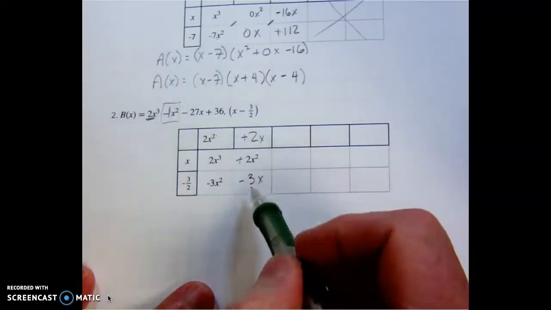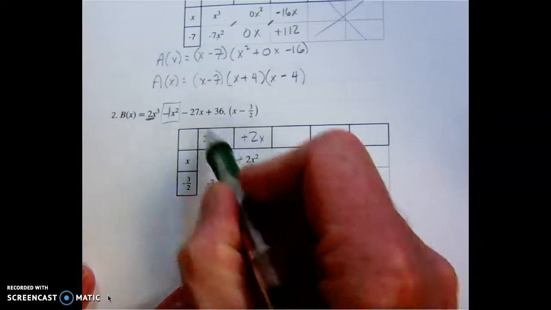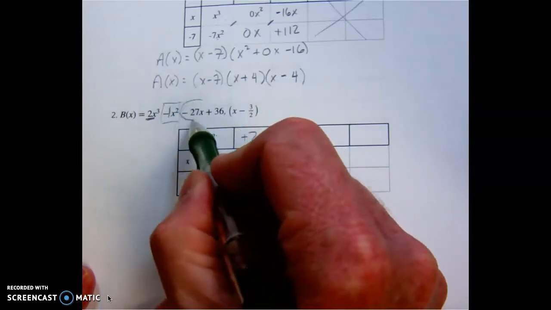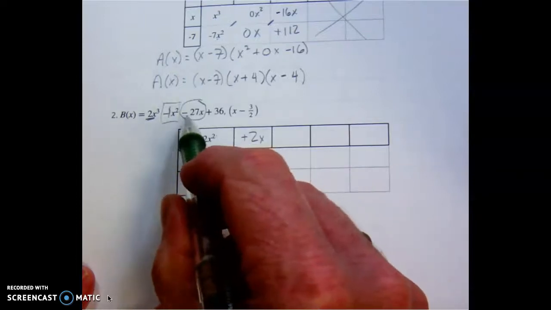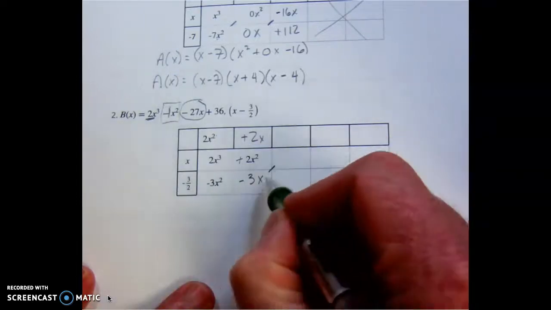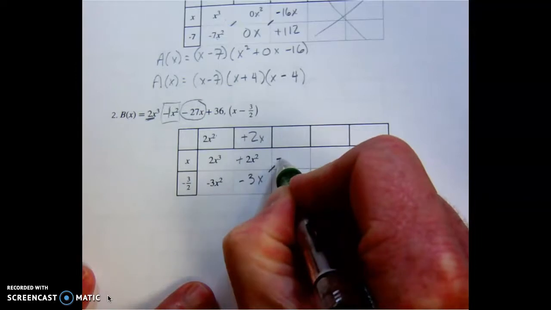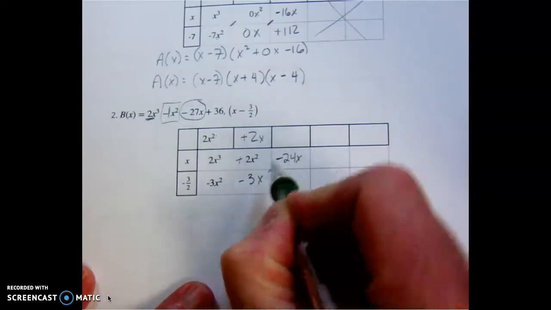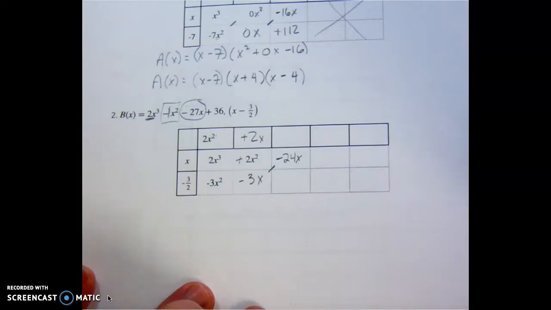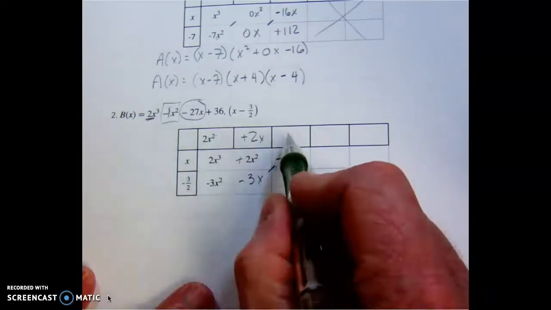Now I'm down to x, so I'm going to look at my x term. On this diagonal, I need a total of negative 27x. So I've got negative 3, so that means I need another negative 24x to have a total of negative 27x. Now I'm ready to divide again, so I can find this top number.